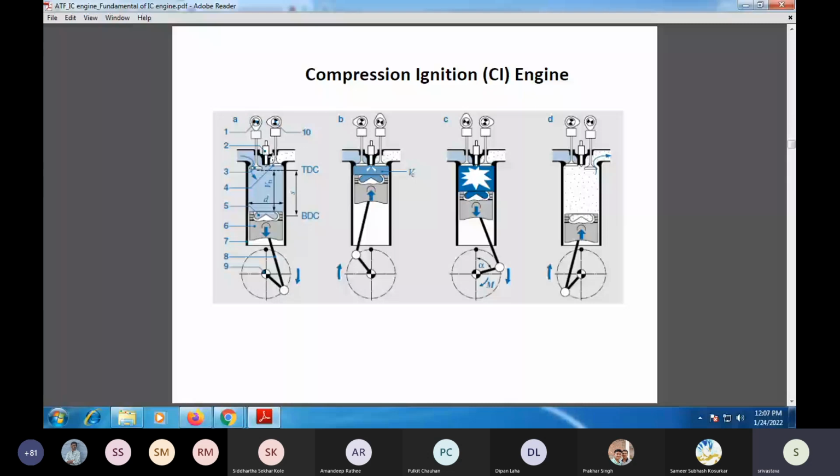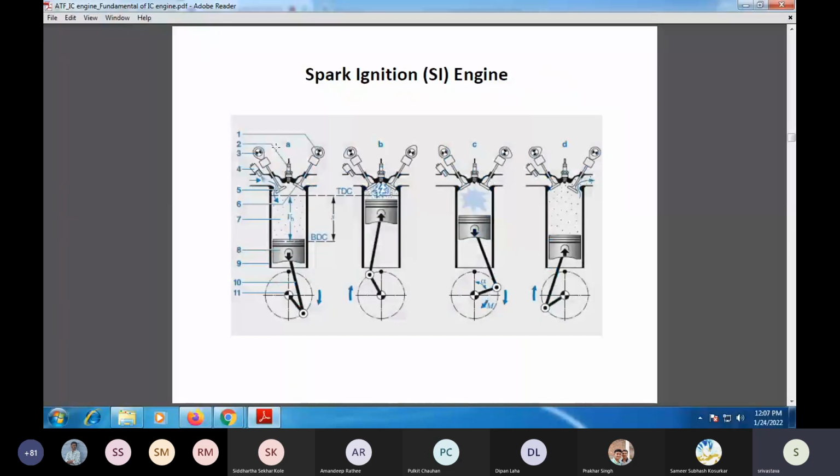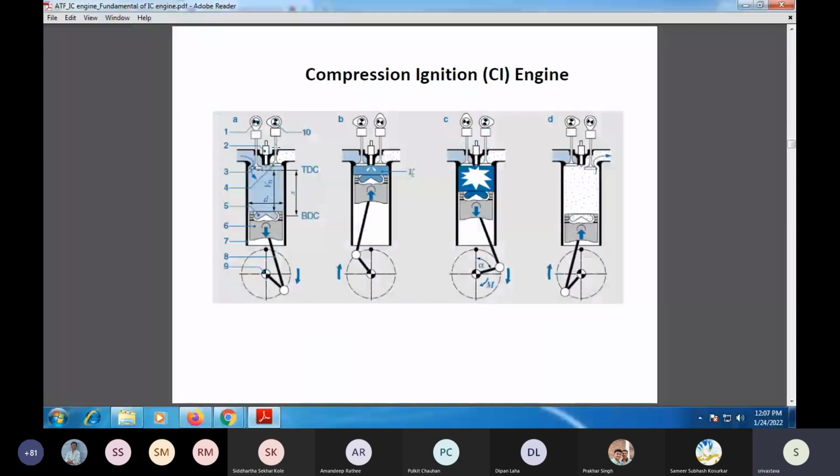So if you compare these two pictures, the fuel injector has been shifted from the intake manifold to the cylinder head. Obviously, it is not the same kind of injector, because there is going to be a lot of difference.